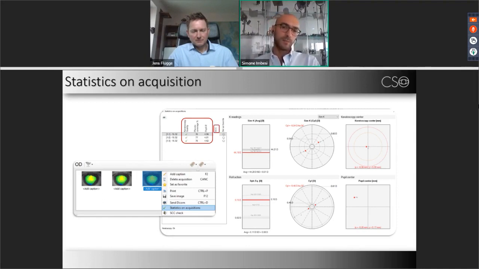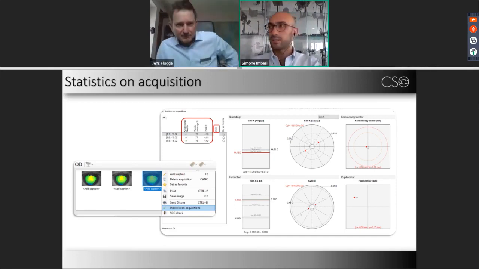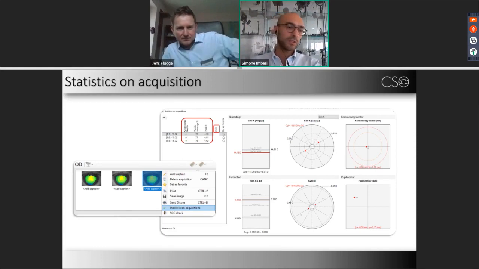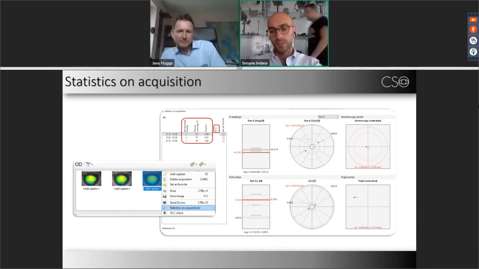Another important thing that we have to pay attention to is the SCC value. That is a procedure that is important to orient the laser treatment. The SCC consists of just a frontal picture of the eye that is acquired before the topography.